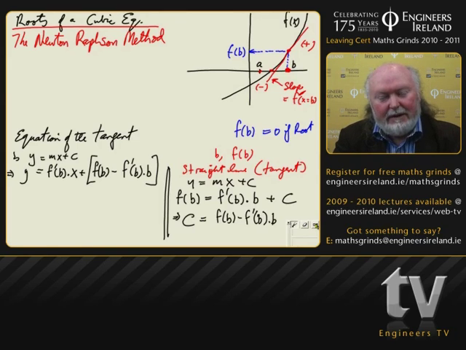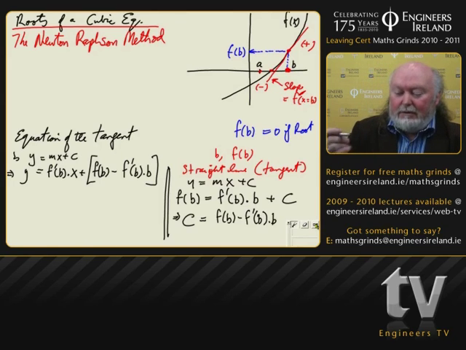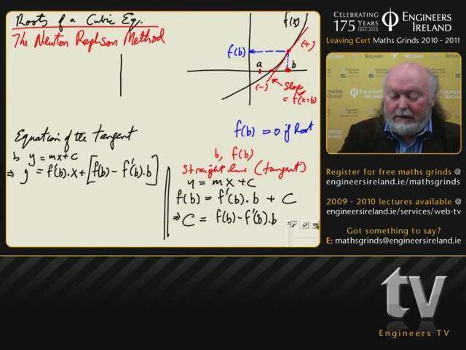Once you understand that the slope of a tangent is actually the f dashed of the function, we have all the tools we need to be able to think our way through the Newton-Raphson. What we will do now is draw this graph in a little more detail.